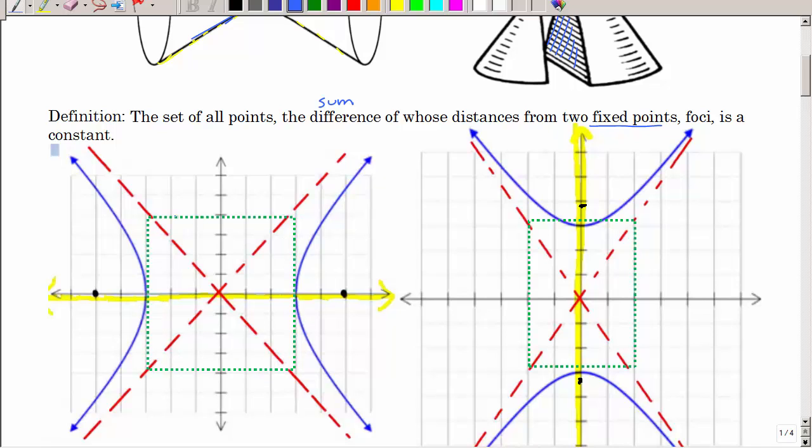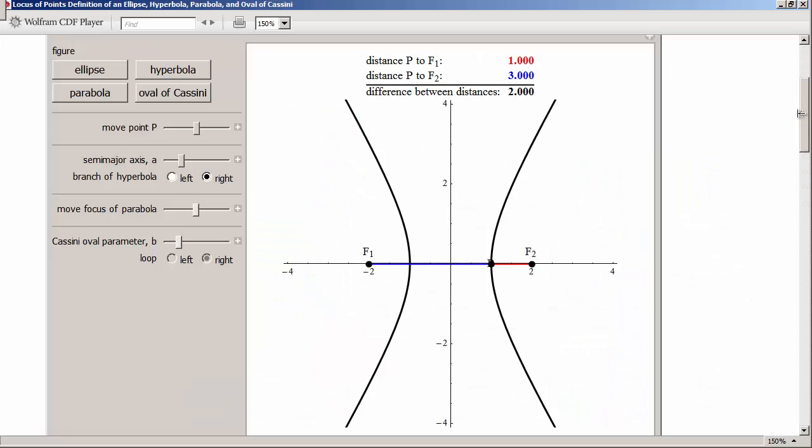But before we go further, I'd like to show you a demonstration of how you can arrive at these hyperbolas through the definition. We've seen this before with the ellipse. By the definition, the difference of the distances from the point to each focus, if you subtract those, is going to be a constant. In this case, it's going to be 2.